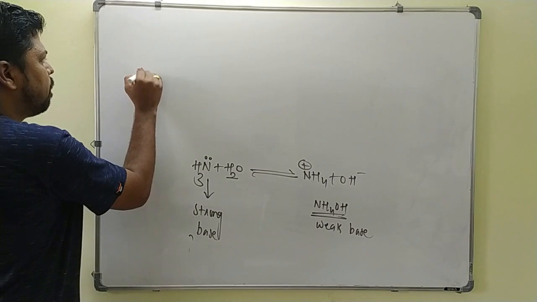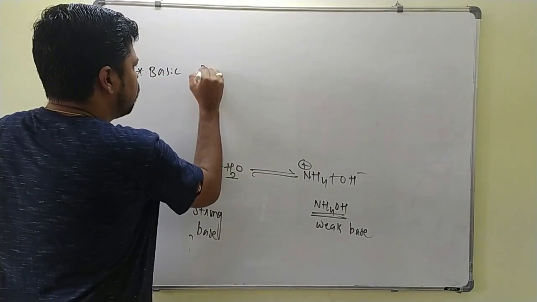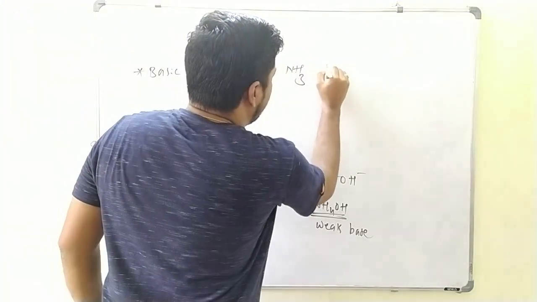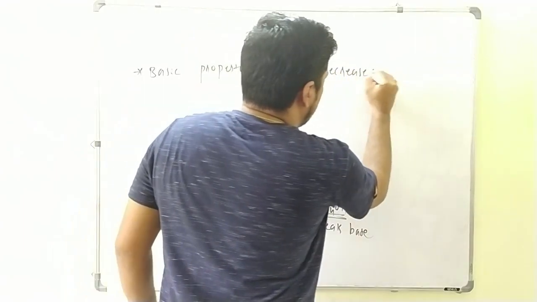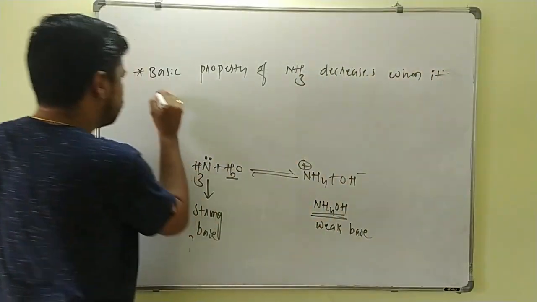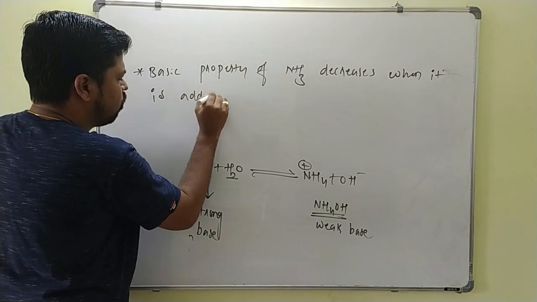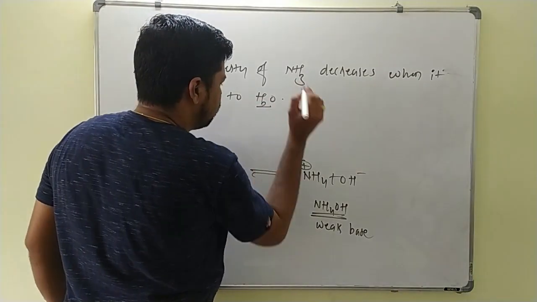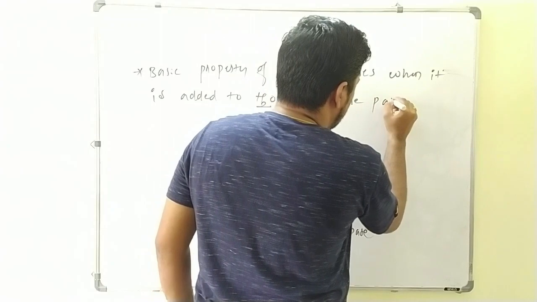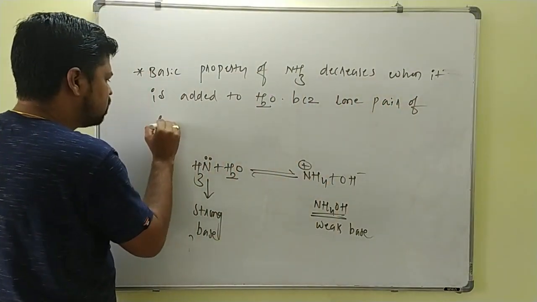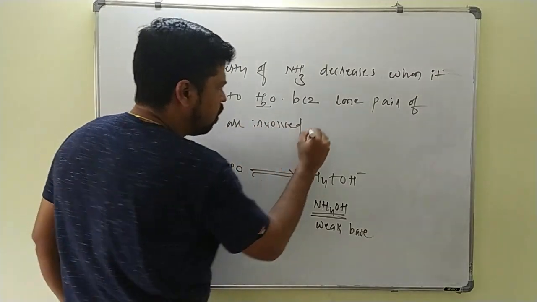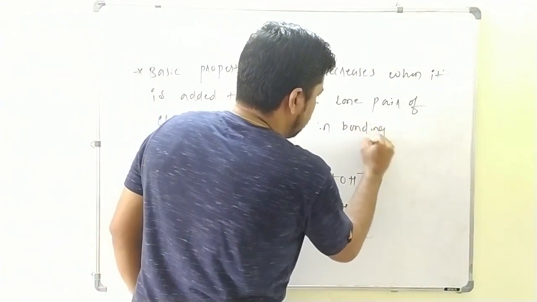The basic property of ammonia decreases when it is added to water, because lone pair of electrons are involved in bonding.